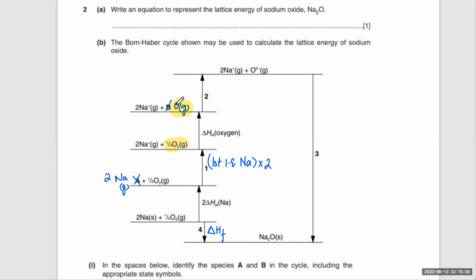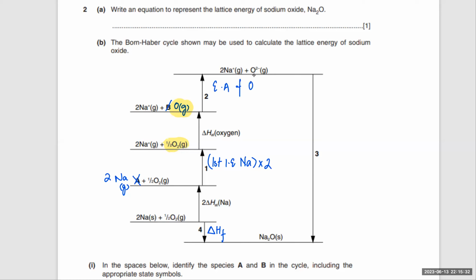So what do you think 2 is? What happened when you go from this to this point? Is it the oxygen gaining 2 electrons? So what is that called? Is it electron affinity? Yeah, that's electron affinity. That's the first and second electron affinity of oxygen.